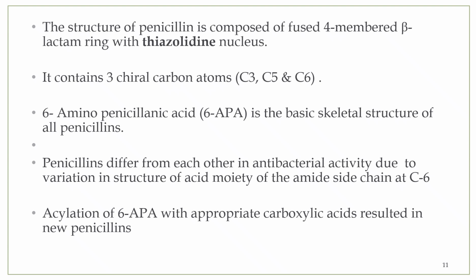Penicillins differ from each other in antibacterial activity due to variation in the structure of the acid moiety of the amide side chain at C6. What is the amide side chain? C double bond O NH. This is attached to the 6th carbon of the beta-lactam nucleus. Acylation of 6-aminopenicillinic acid with appropriate carboxylic acids results in new penicillins.